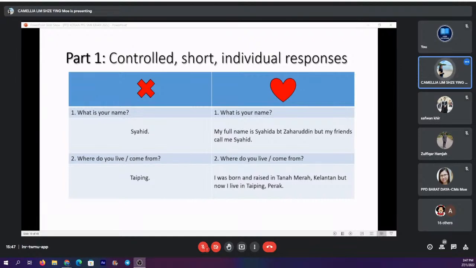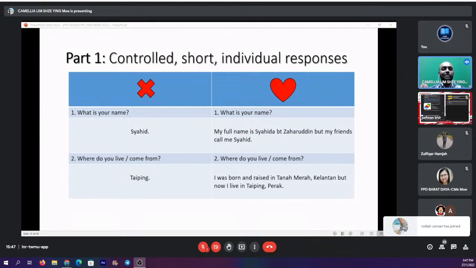Even some of my more advanced level students provided very short responses during the SPM trial exam. I suppose they felt that such short and direct questions did not necessarily warrant lengthy responses, but obviously that is not true. Okay? They should never miss a chance to showcase their proficiency at every turn.